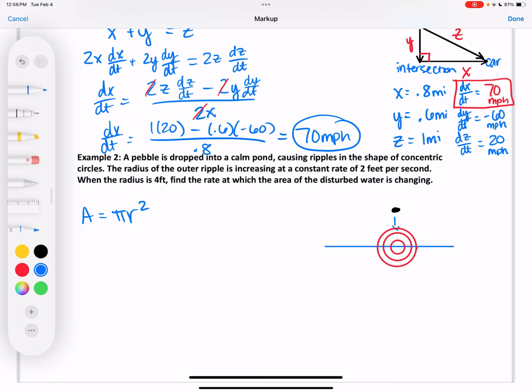Sometimes I actually like doing the formula first, because it can help me determine what pieces of information I have and don't have. So there's that. A equals pi r squared, and I've got dA/dt, and I've got dr/dt.